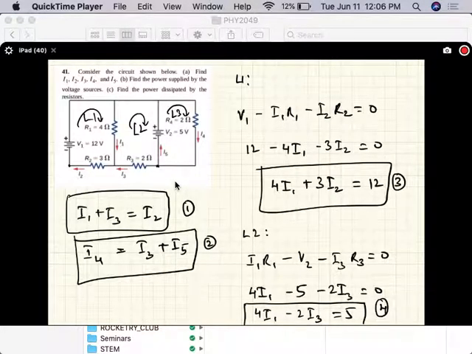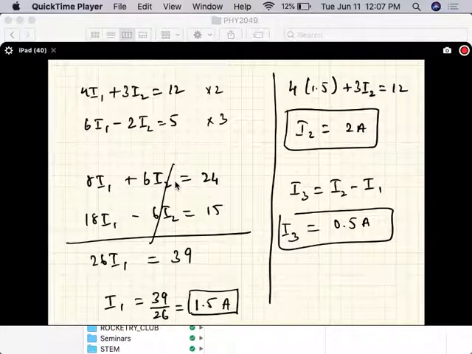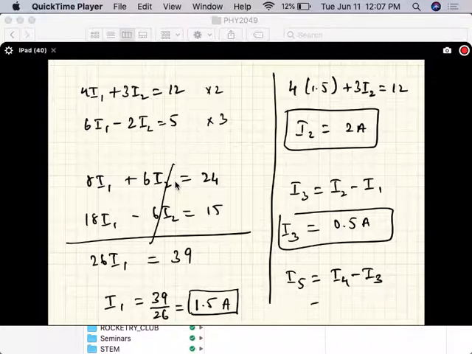So using this equation, we now solve for I3. Now we can get I5. I5 is I4 minus I3. And I4 was 2.5 amps. So 2.5 minus 0.5 equal to 2 amps.